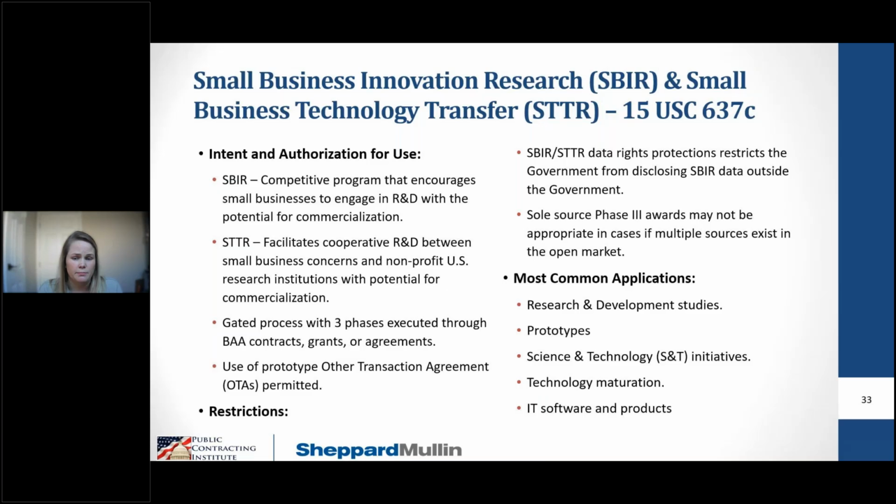SBIR is a competitive process where small businesses are awarded R&D funding. STTR tries to facilitate cooperation between the small business concerns and nonprofits. Both are aimed at commercializing technology. Both are a gated process contemplating three phases: concept development, prototype development, and ultimately commercialization. And the government can use BAAs, grants, agreements, or even OTAs to enter into these various phases as well.